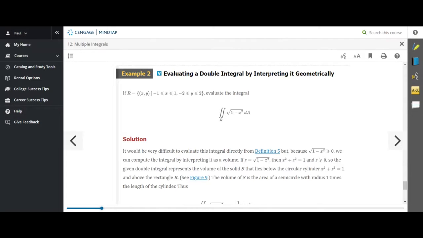We are interested in the volume between the surface, square root of 1 minus x squared, and the xy plane over this region R, where x is between -1 and 1, and y is between -2 and 2.